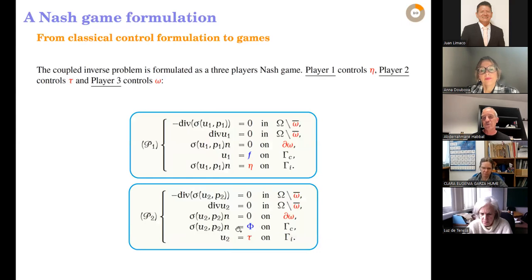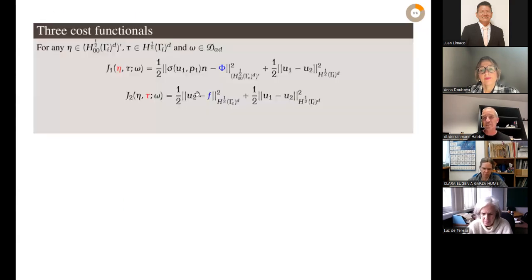So if I fulfill the condition that U2 will be equal to F on gamma C, I end up with U2 equal to U because of the uniqueness of U. So the aim in trying to fill in the gap for the first player with phi and for the second player with F is to let U1 and U2 be as close as possible to U.